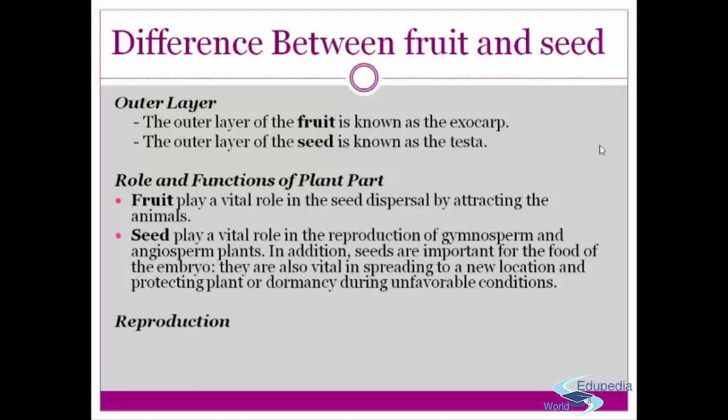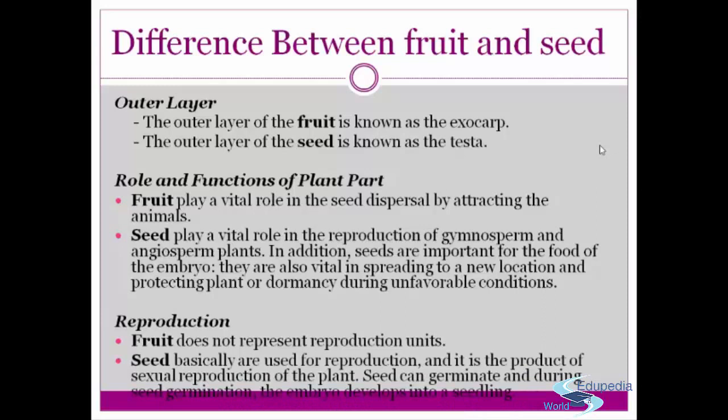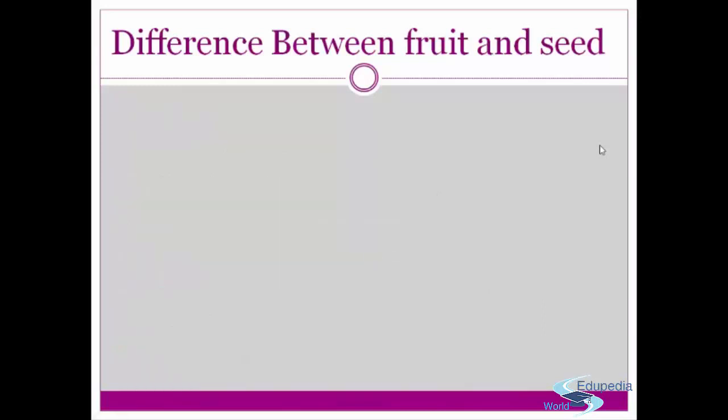Difference between fruit and seed in terms of reproduction. Fruit does not represent reproduction units. Seed is basically used for reproduction, and it is the product of sexual reproduction of the plant. Seed can germinate, and during seed germination, the embryo develops into a seedling.